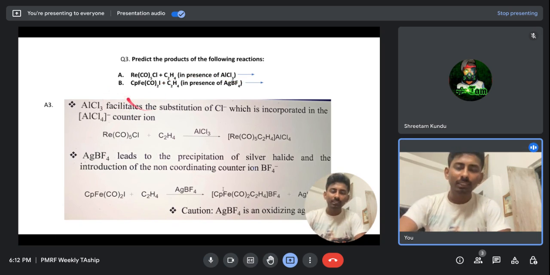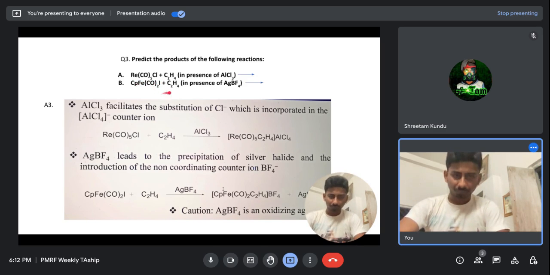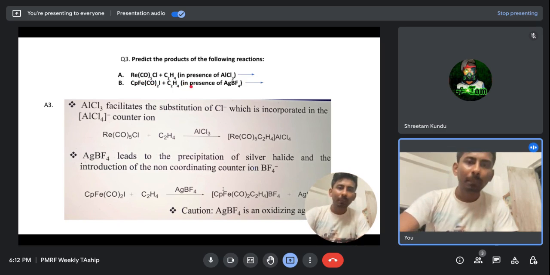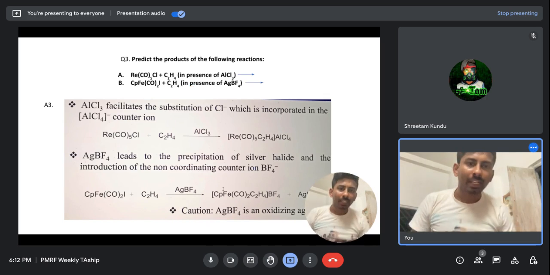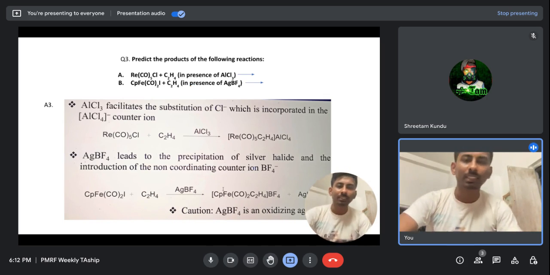The second question is when this compound CpFe(CO)2I, where iron's oxidation state is +2, Cp is negatively charged, iodine is also negatively charged, and there are two COs, is treated with C2H4, that is again ethylene, in the presence of silver tetrafluoroborate, AgBF4. What are the products?